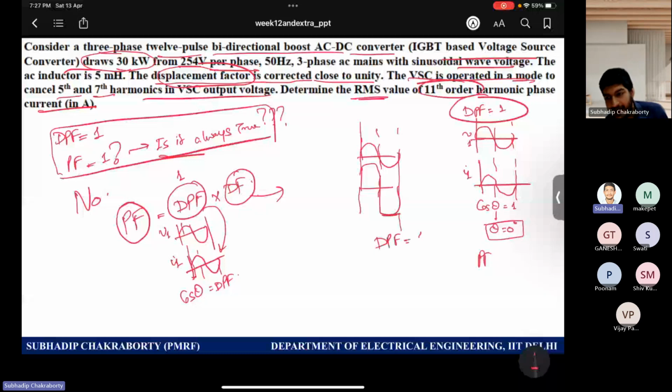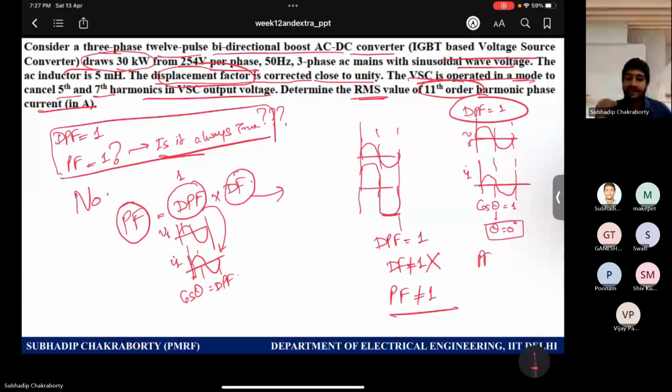So the load will decide how the power factor will be, that is, its harmonic components together with its reactive burden will decide what its power factor will be. So two components will come. One component decides the active and reactive power, and the other decides the harmonic content. If this component is close to 1, then harmonic content is low.